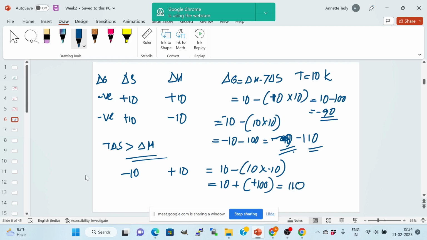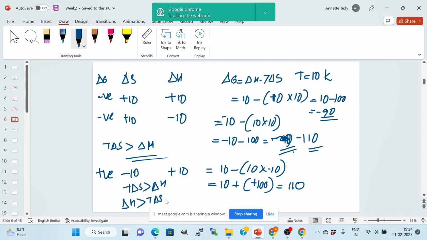So in this case, the delta G is positive, so the reaction will not happen. So whenever delta S is positive, then T delta S should be greater than delta H. Whenever delta S is negative, then delta H should be greater than T delta S.